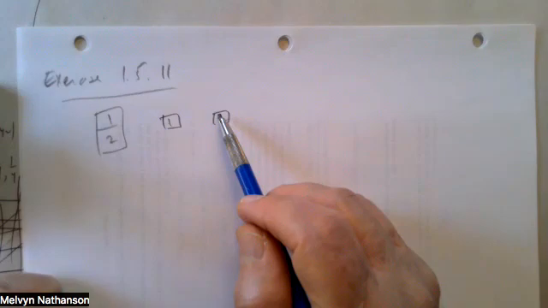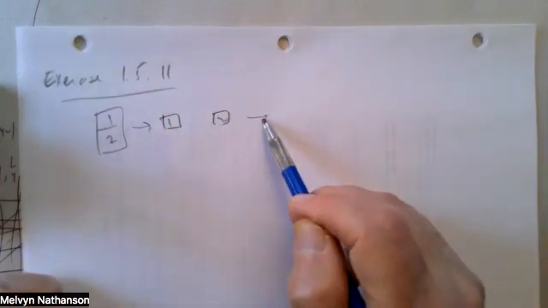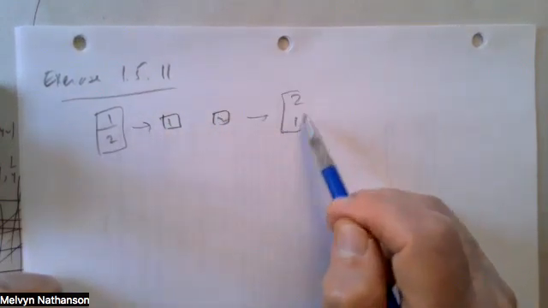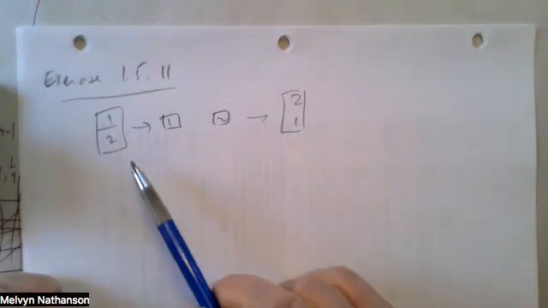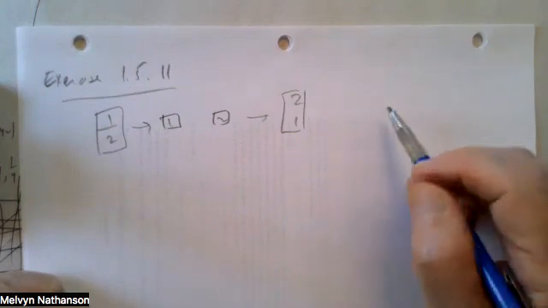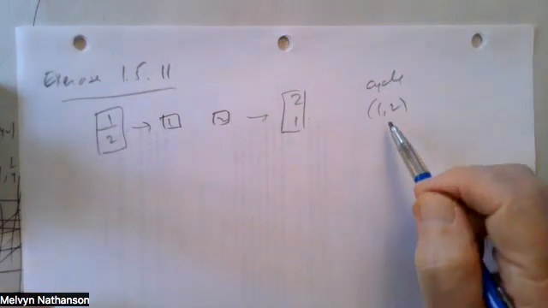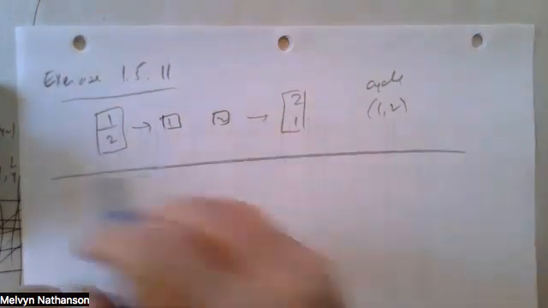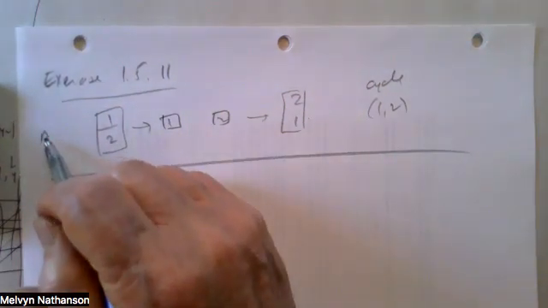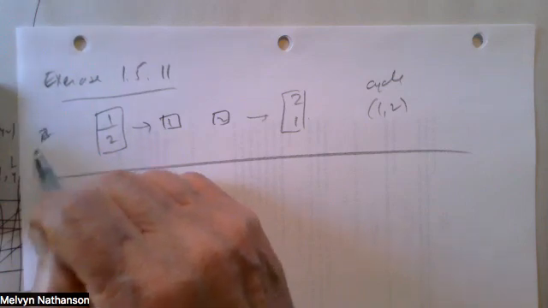And then you interlace the cards with the first card from the right going on top. So this goes to 2, 1. So here you have a permutation where 1, 2 goes to 2, 1. So as a cycle, this is just the cycle 1, 2. This is the case when you have 2 cards.